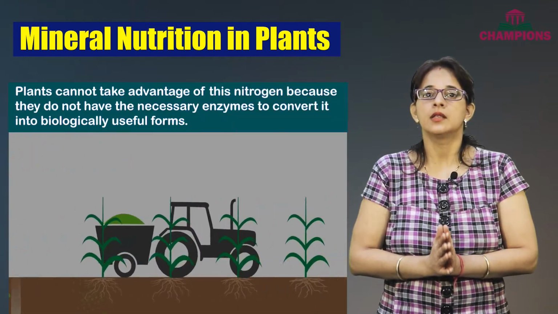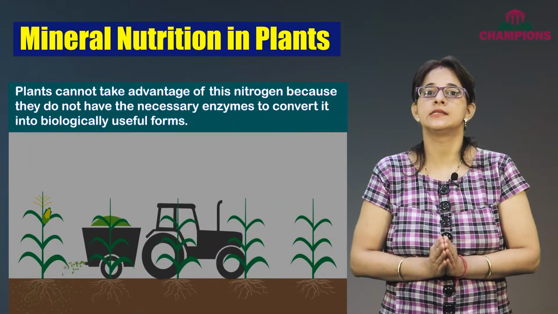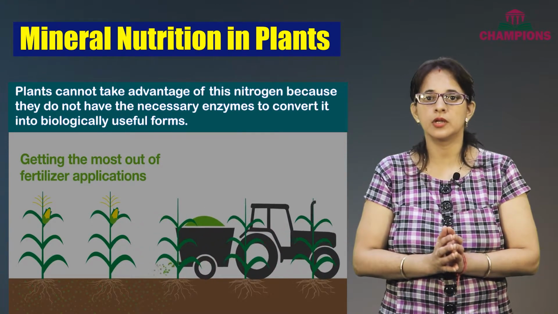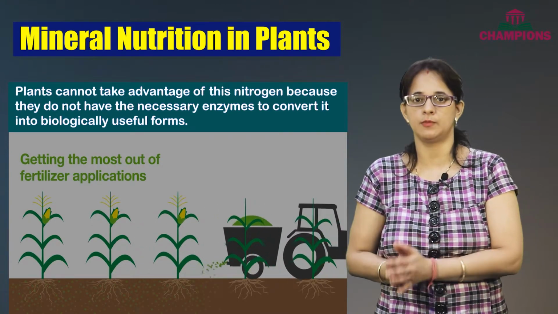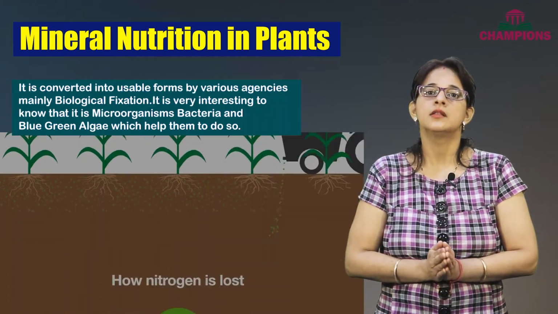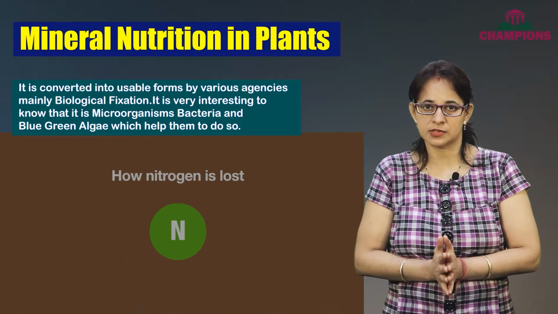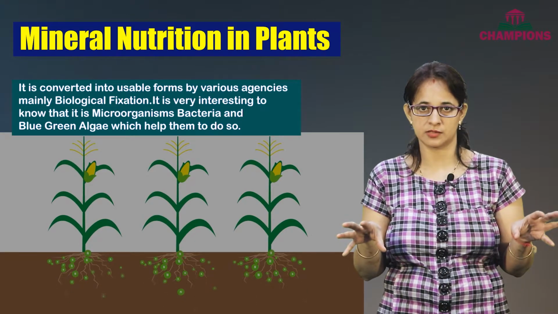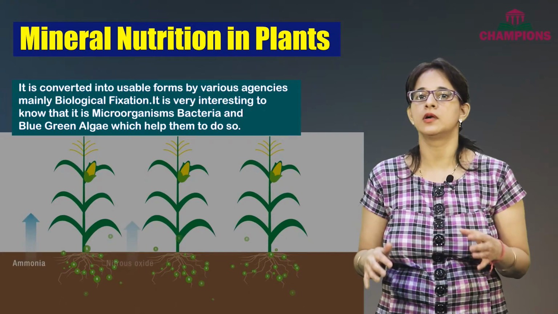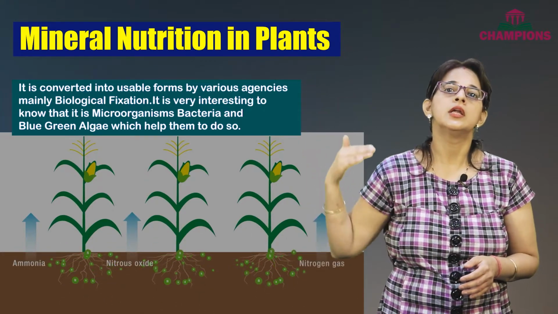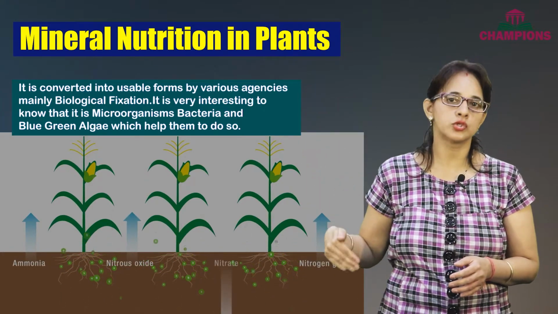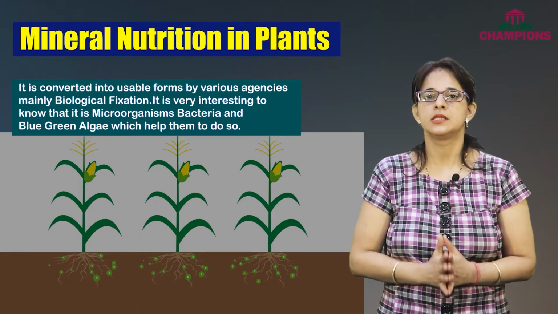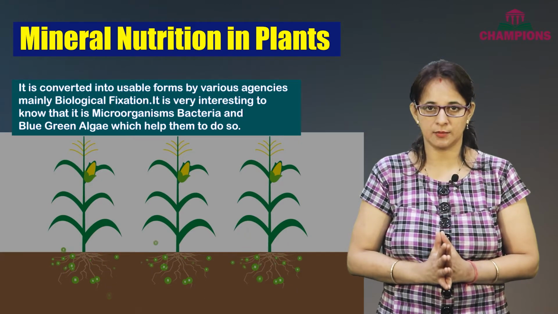The reason is that the plants do not have the enzymes which can convert this atmospheric nitrogen into a usable form. For that reason, there are microorganisms such as bacteria and blue-green algae, basically these two categories, which are responsible for converting this atmospheric nitrogen into a usable form, which ultimately goes into the soil, and from the soil it can be absorbed by the plants.